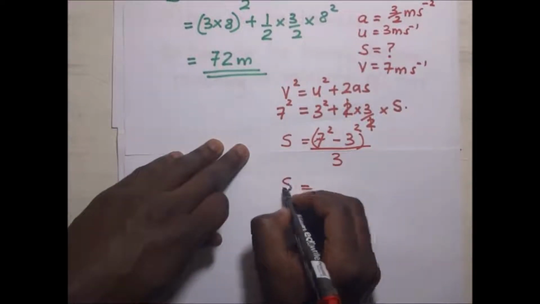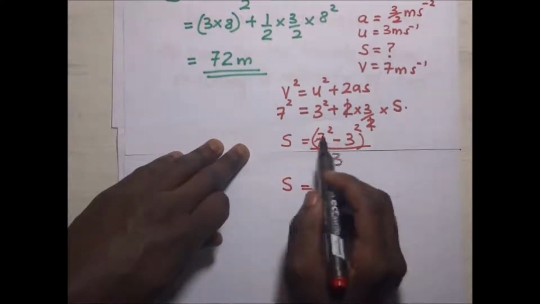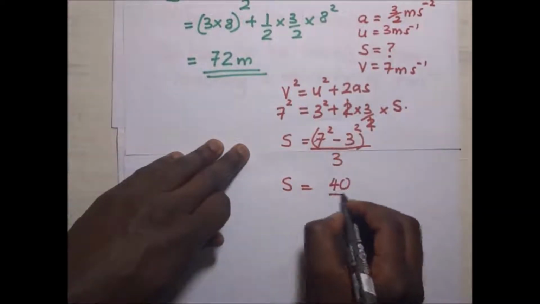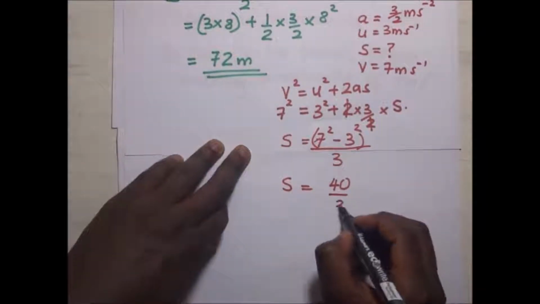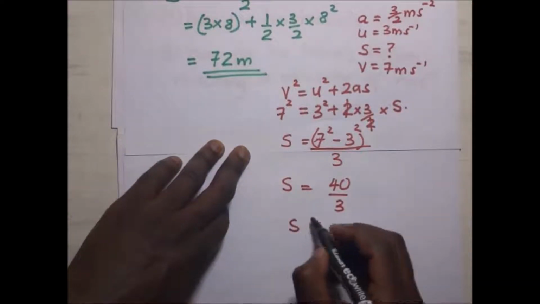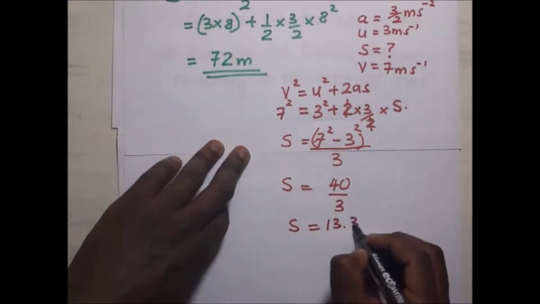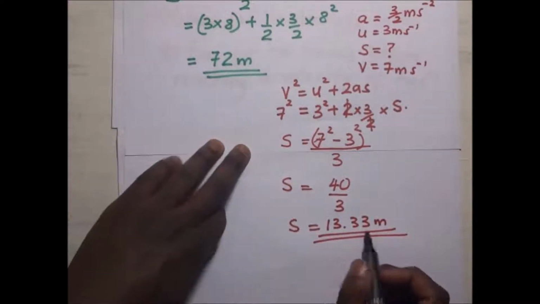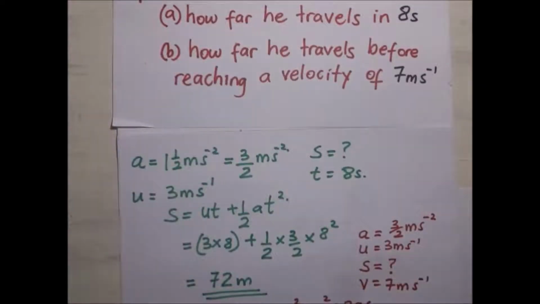So our value of s becomes 40, because this is 49 minus 3 squared, which is 9, divided by 3, and so our value of s is 13.33 meters.